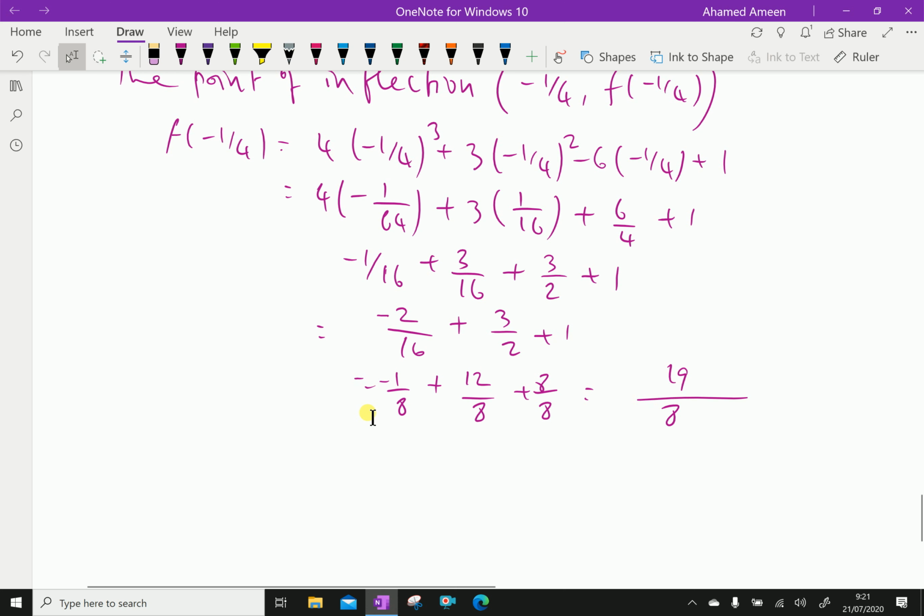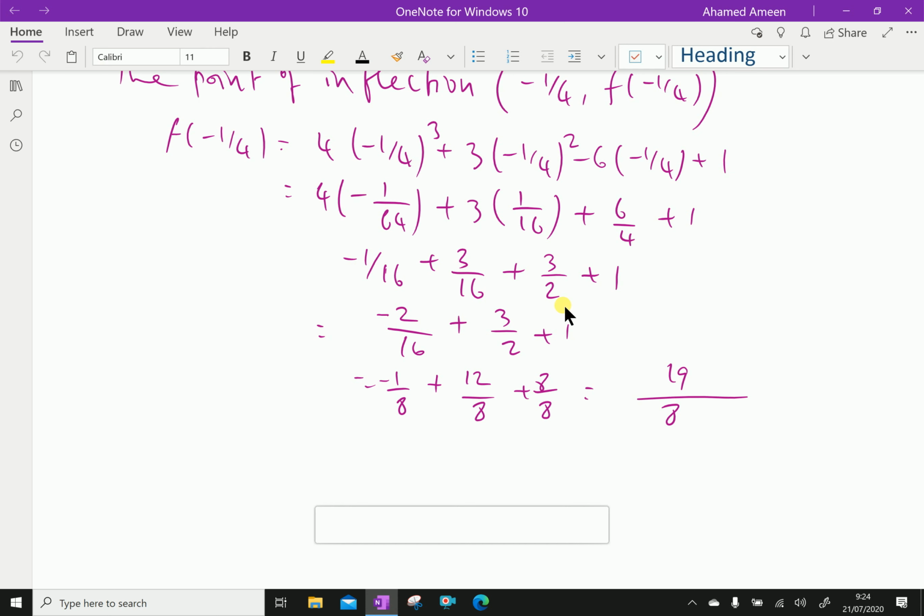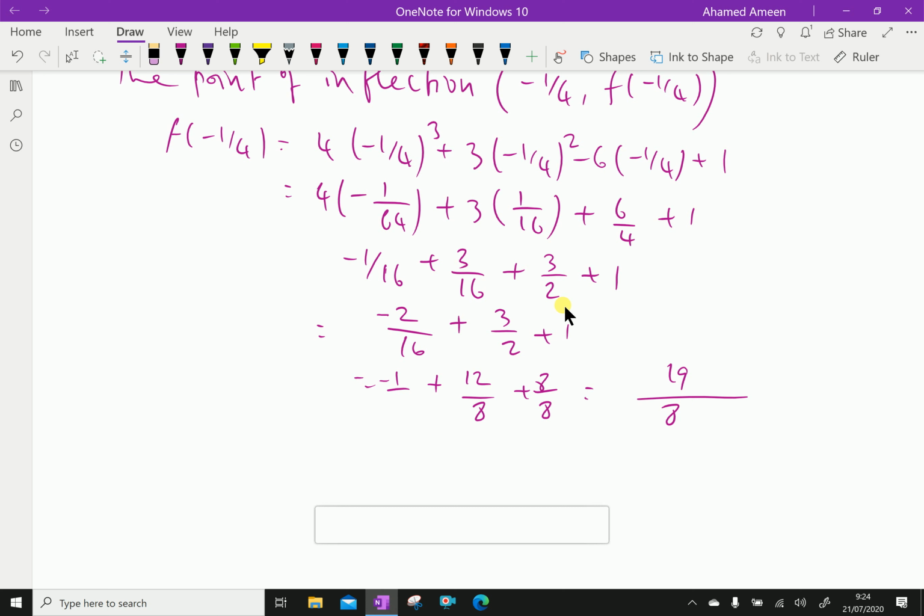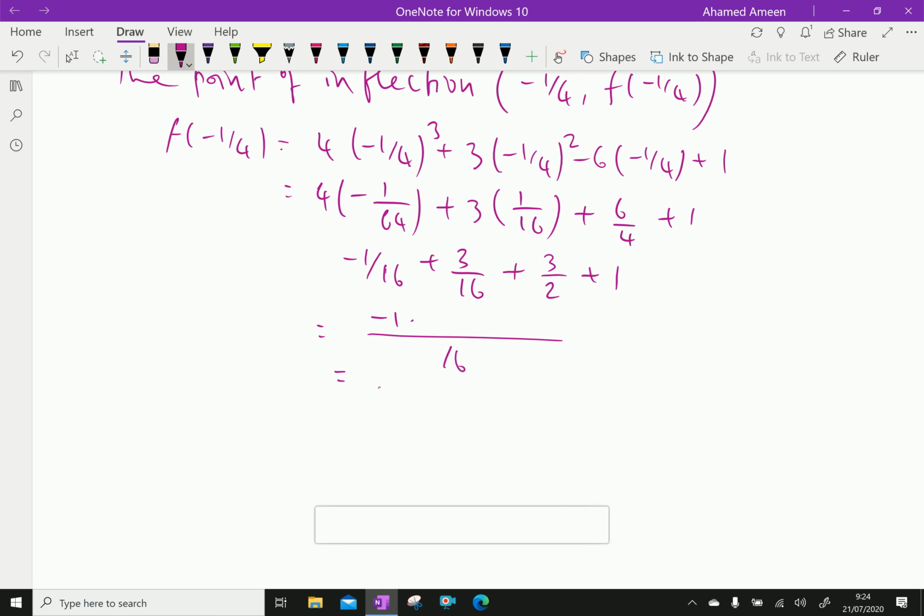So check with the point of inflection. Finally, we can do this one as 16 is the LCM: minus 1 plus 3 plus 24 plus 16.